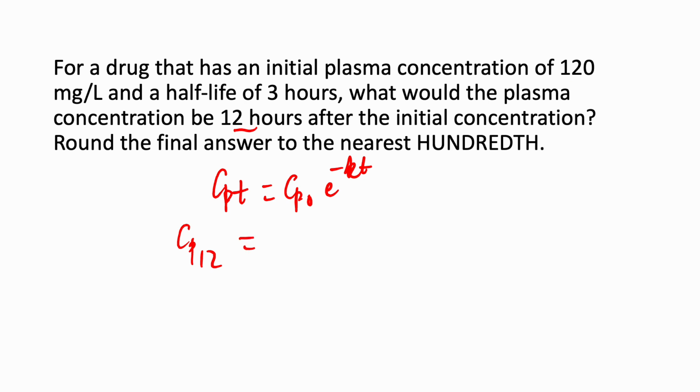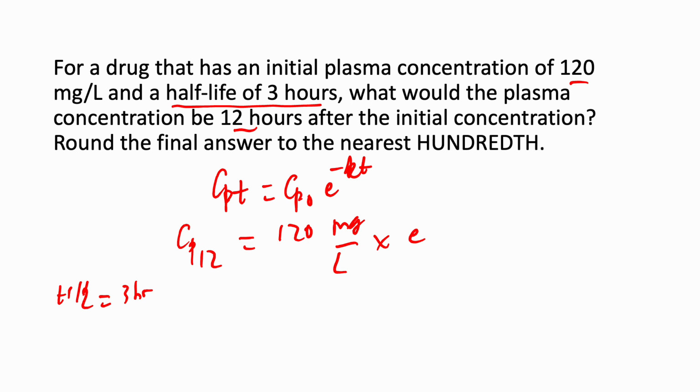Cp0, or initial concentration, you have here 120 milligram per liter, times exponential minus kt. You don't have k in this problem, but you have the value of half-life. So half-life is equal to 3 hours.